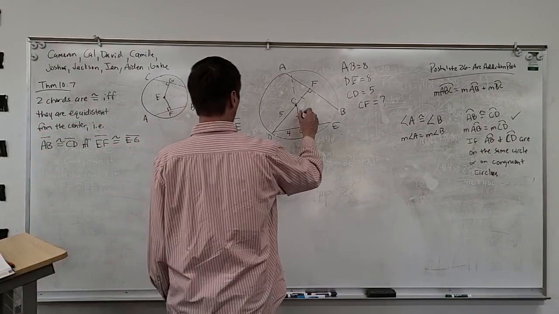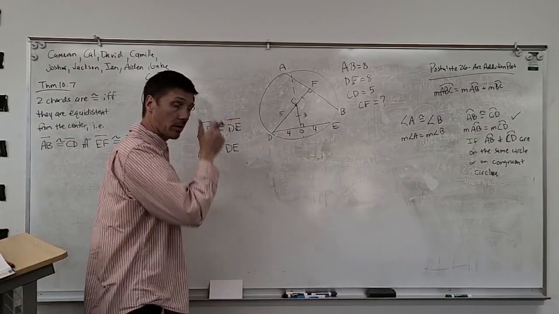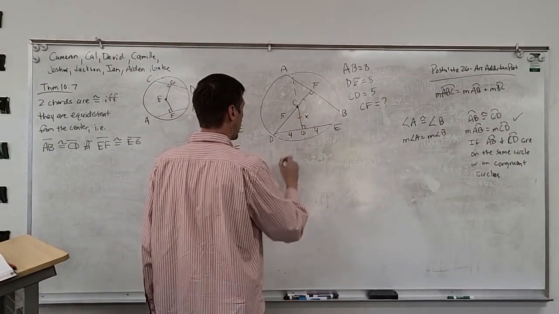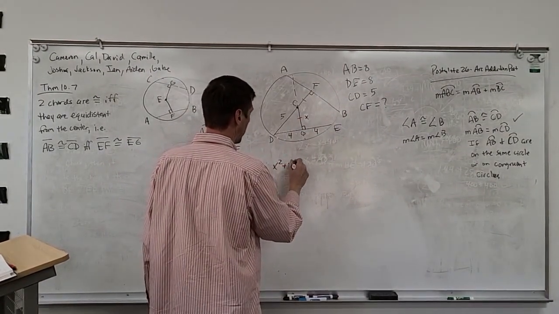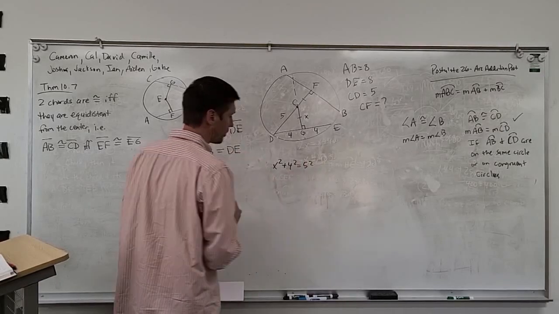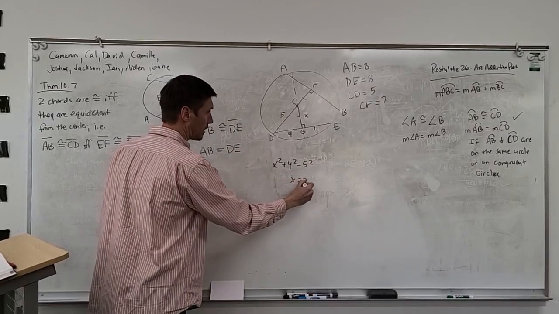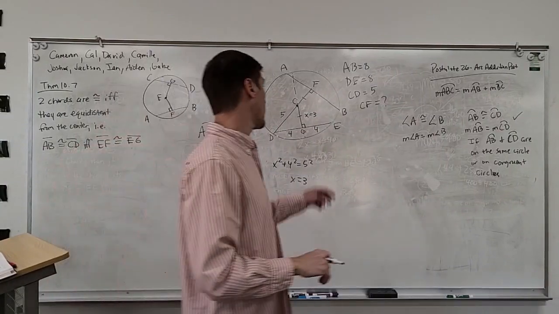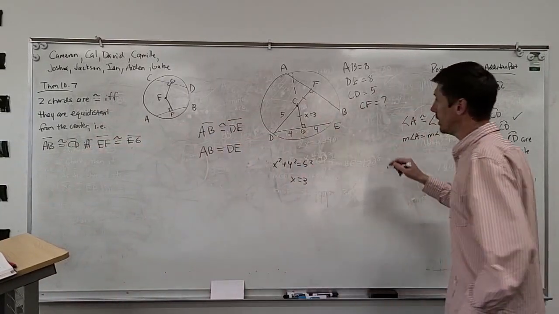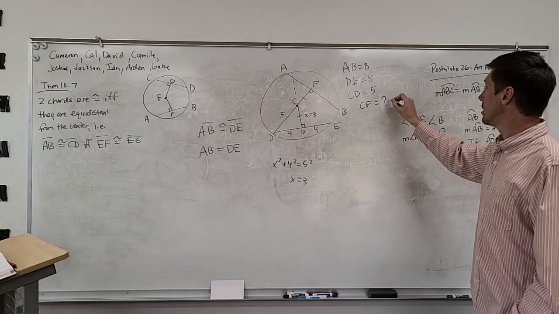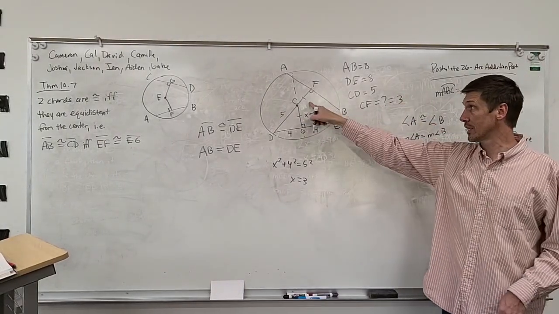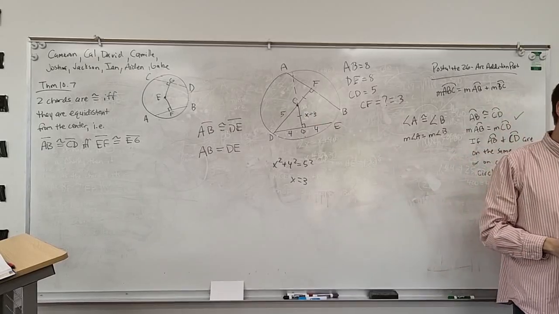If you don't remember the 3, 4, 5 triangle, you could always use the Pythagorean theorem and set this equal to x, and say x squared plus 4 squared equals 5 squared. When you solve that, x equals 3. So that distance is 3. And since we were trying to find CF, now we know that CF has to equal 3 because it's the same length as this side here.